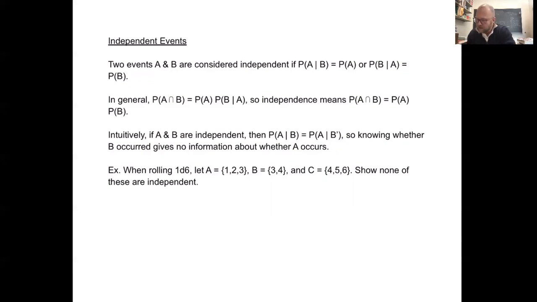So one thing that you can do here is to say your probability of A, which you can get real quick, is just 1/2. And then you do the probability of A given B, okay? And when you do the probability of A given B, you look at the intersection of them. There's only one thing in both. And then that's divided by the number of things in B.